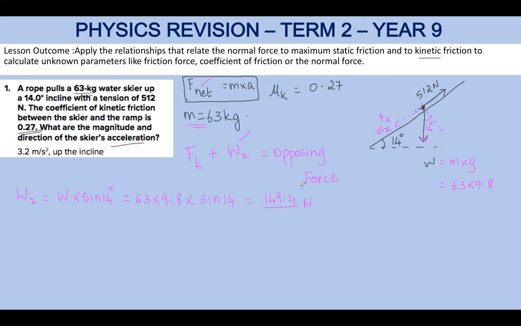So one opposing force I found. Now I need to find Fk, the frictional force opposing the movement. Using the formula, that is mu k times Fn.